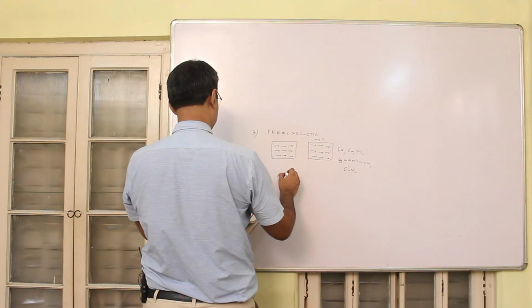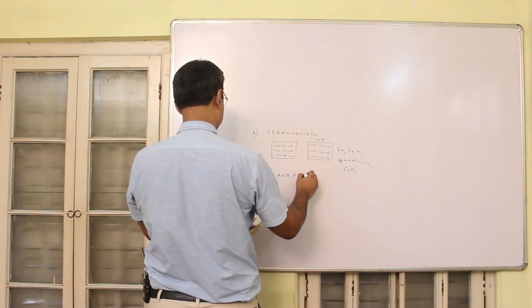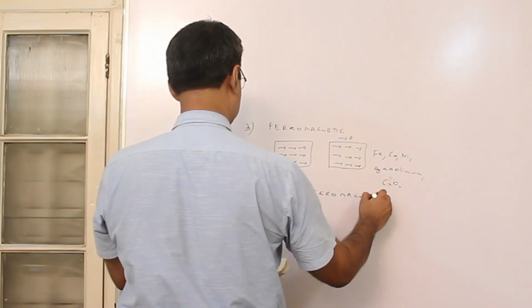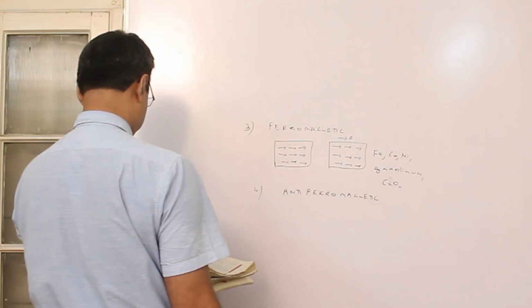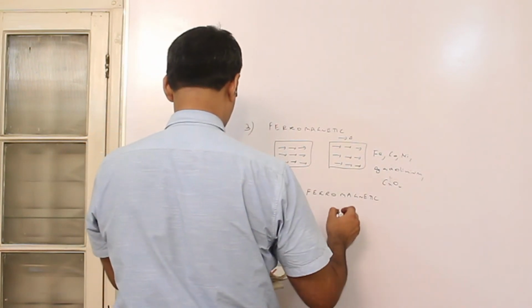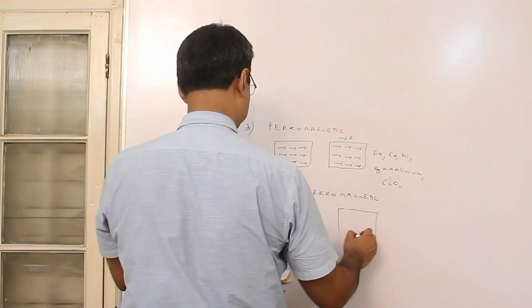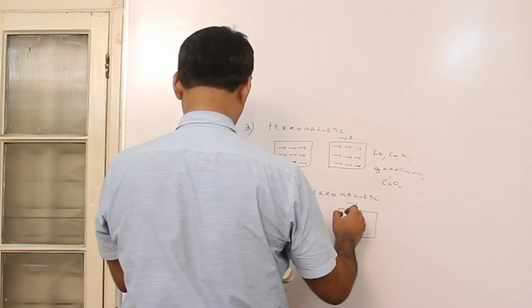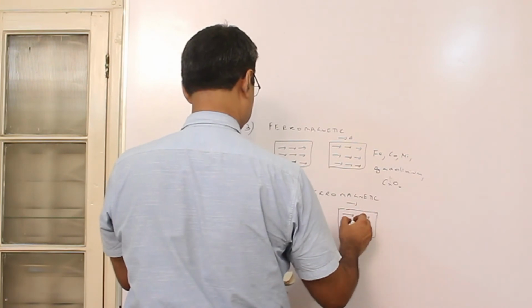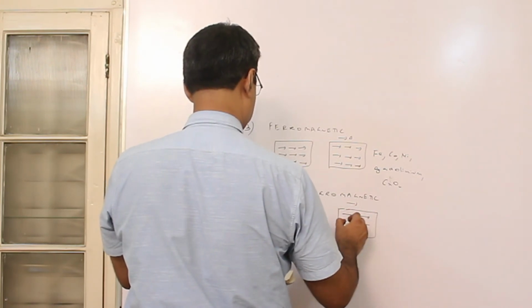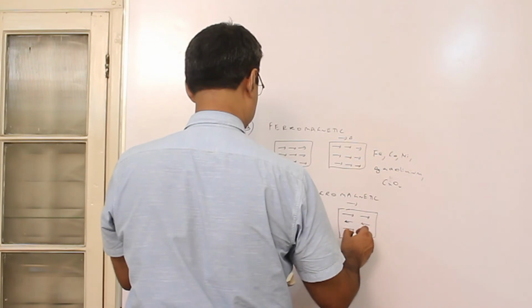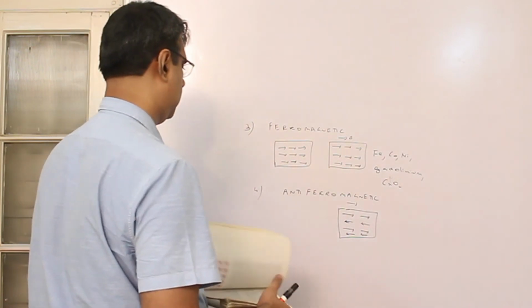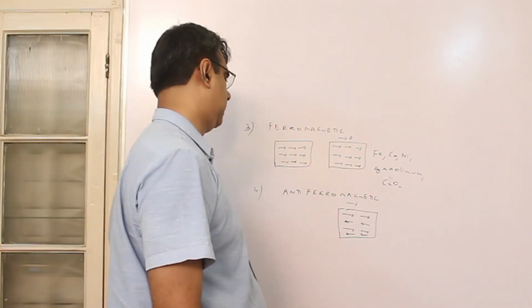Next we come to antiferromagnetic substances. In this one, the dipoles are oriented oppositely and cancel out each other's magnetism.